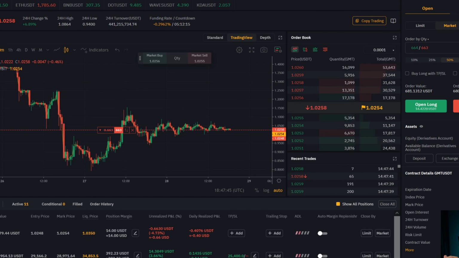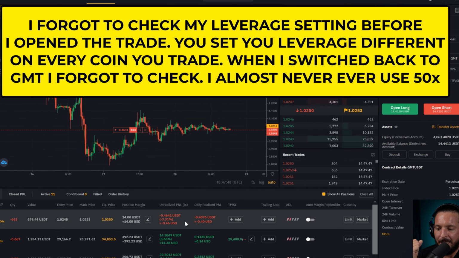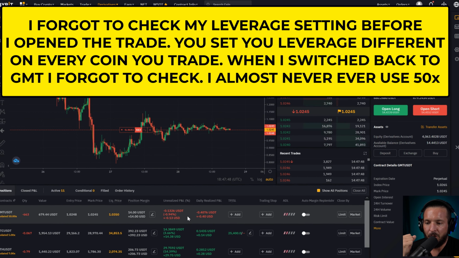Now, if we swing back over here to Bybit, we see that I actually shorted GMT with 50x leverage. What that means, because I bet $25, is if price drops down to 50 cents, the trade would be up 50%.